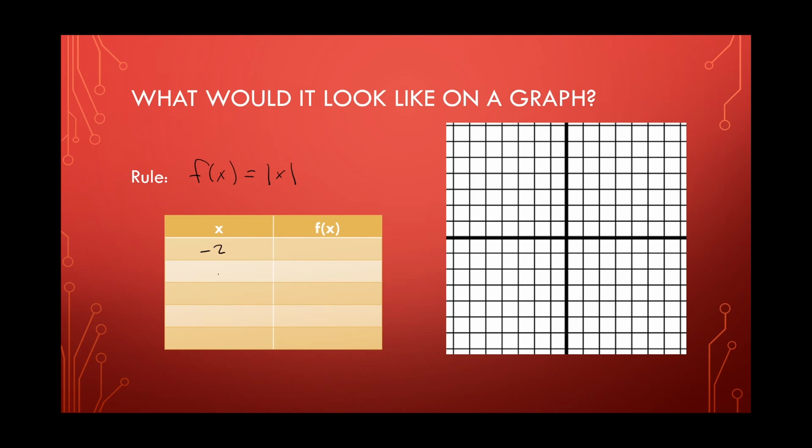So I'm going to try plugging in some numbers. The distance between 0 and -2 is 2. 0 and -1 is 1. 0 and itself? 0. How about 0 to 1? And 0 to +2?